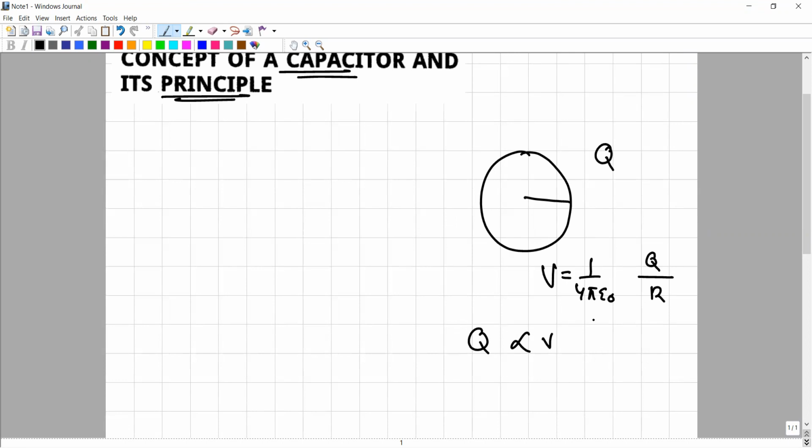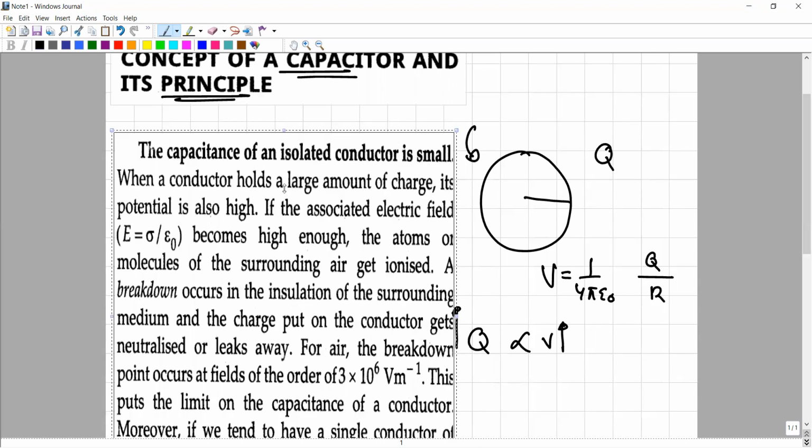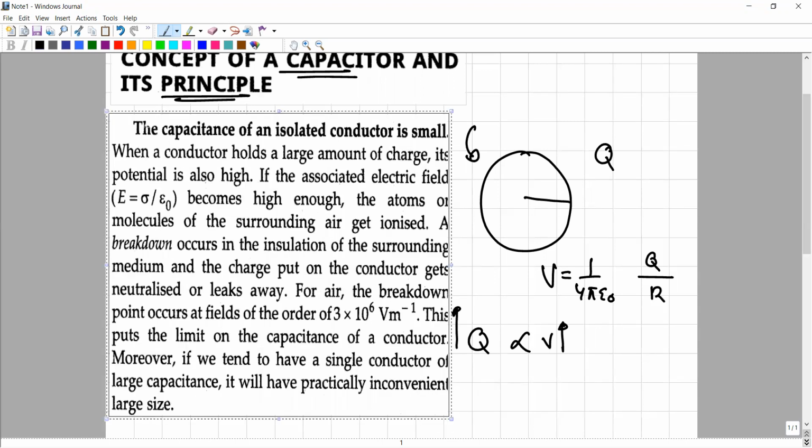Now the problem is that if you give a lot of charge to the conductor, it will also develop a lot of potential. More charge, more potential. And a very high potential on the conductor is not desirable.